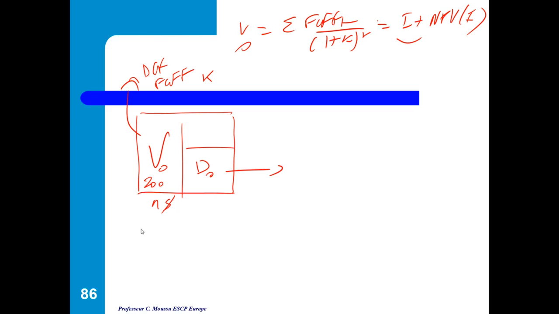And D0, the value of D0: you want to finance with debt, and the debt is paying out $125 million in 5 periods from now. This is a zero coupon bond. And it's also financed with equity.